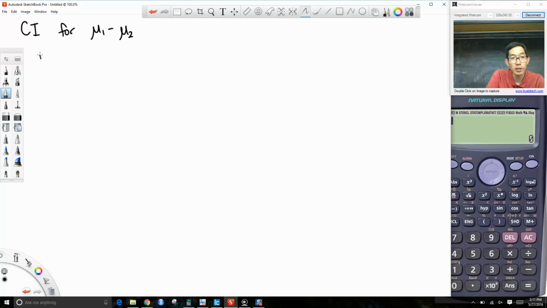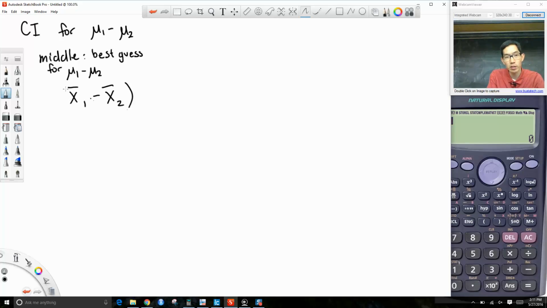In the middle of our confidence interval, we would put our best guess for mu1 minus mu2 based on our data. What is our best guess for that quantity? Yeah, x bar 1 minus x bar 2. This would go into the middle of our interval. This serves as our best guess for what that might be.